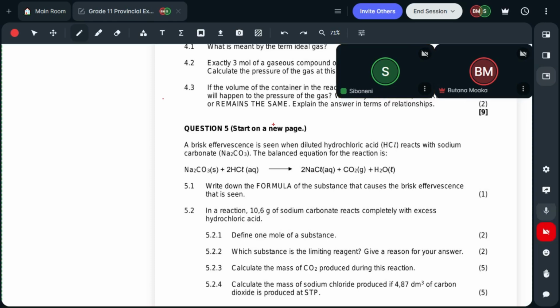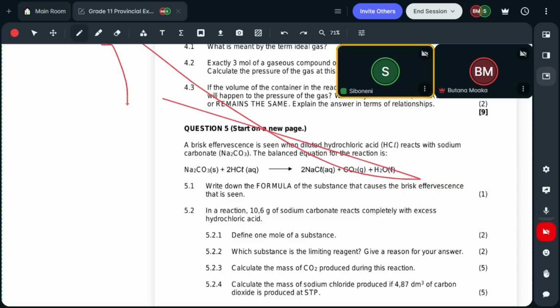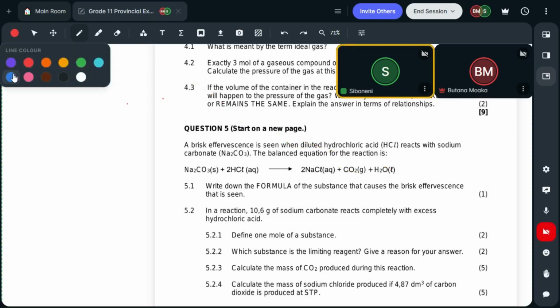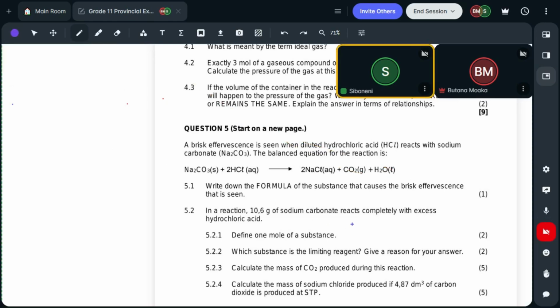Okay. So now they say it is seen when diluted hydrochloric acid reacts with sodium carbonate, and the balanced equation is given. The first question asks us to write the formula of the substance that causes what is seen. Let me make sure I understand what this is. It's bubbling, releasing gas.